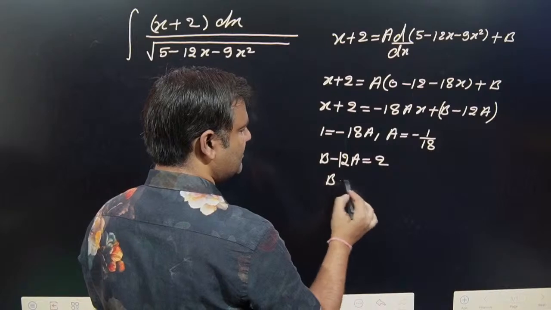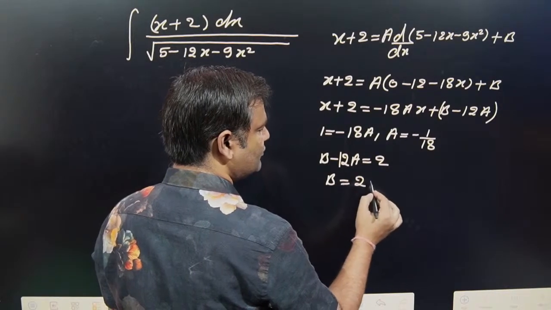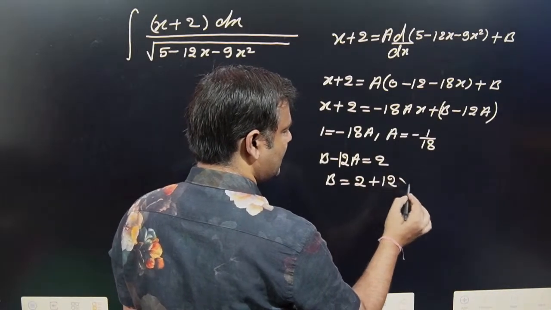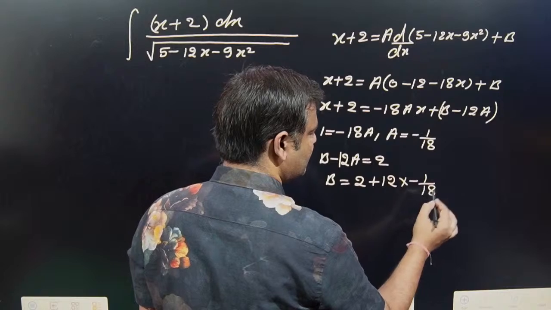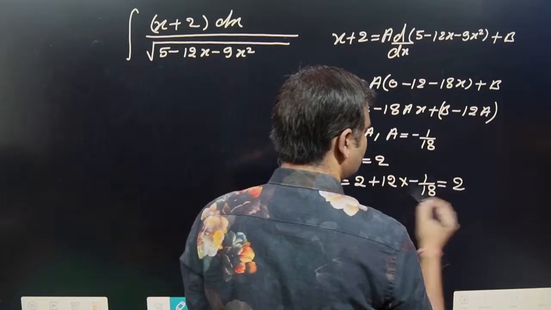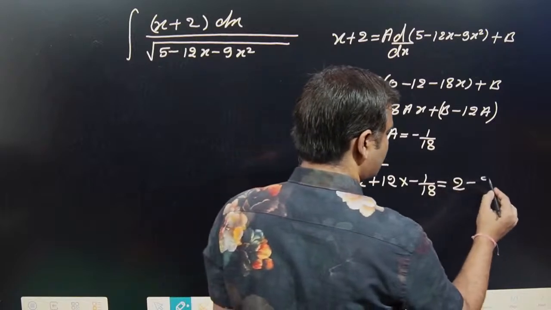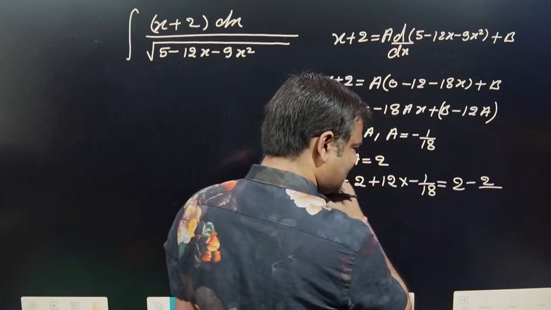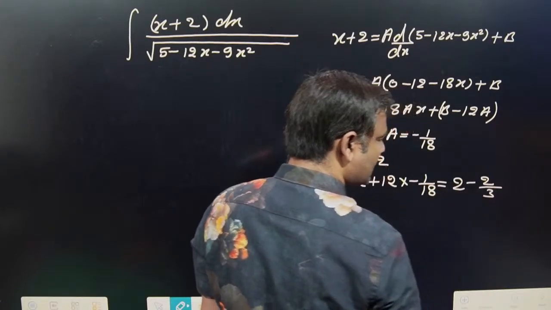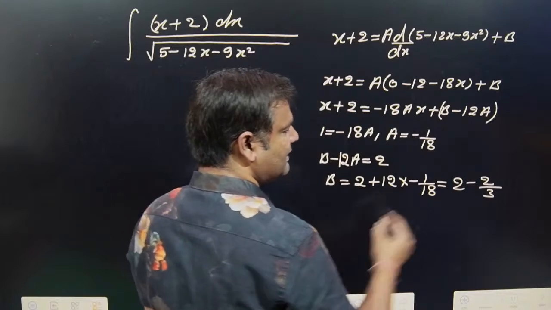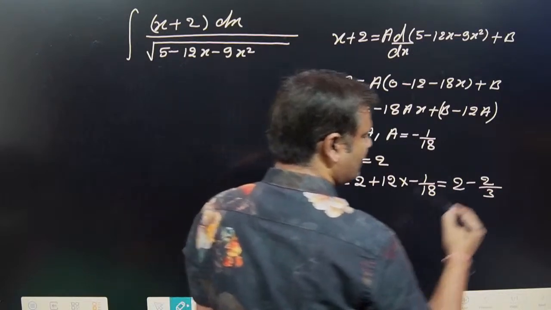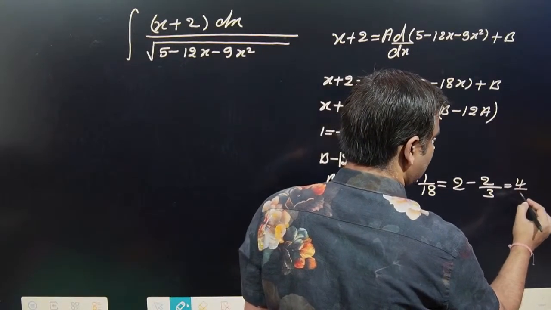So what about b? b will be equal to 2 plus 12a. a is how much? Minus 1 by 18. So 2, now 6 2s are 12 and 6 3s are 18. So how much, that is 6 minus 2, 4, so 4 by 3.